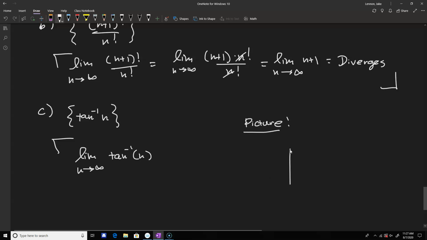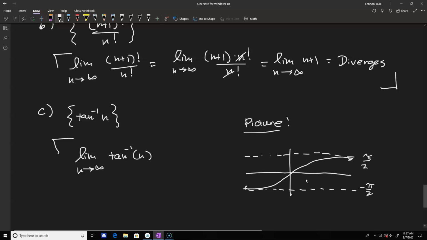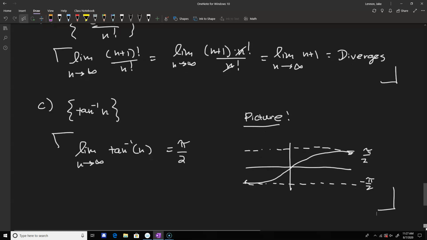If you look at the inverse tangent graph, remember it's the principal value region, and we're looking at the reflection about the line y equals x through the principal value region. The inverse tangent graph has two asymptotes, one at negative pi over 2 and one at pi over 2. As we move to the right, as our input values get larger and larger, we're moving toward pi over 2. So that's one you can approach with a graphical argument, and that's going to be our limit there.